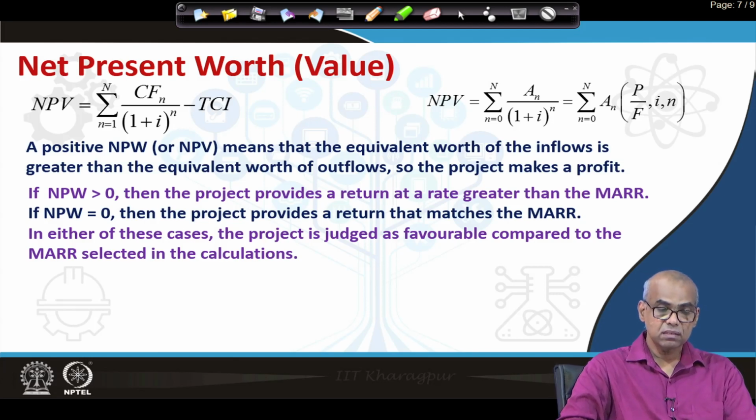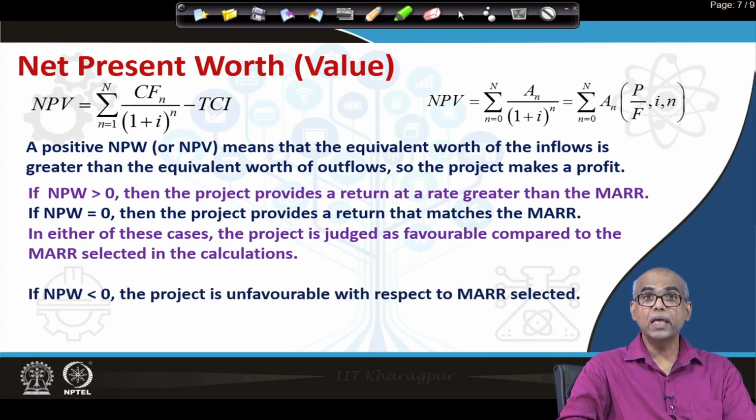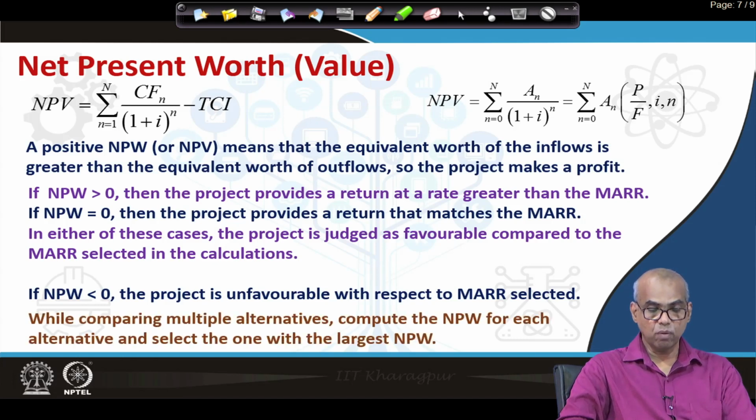But in any case, NPW greater than 0 and NPW equal to 0 are judged as favorable compared to the minimum acceptable rate of return selected. If NPW is less than 0, then the project is unfavorable with respect to the minimum acceptable rate of return that you have selected. So, while comparing multiple alternatives, compute the NPW for each alternative and select the one with the largest NPV or NPW.